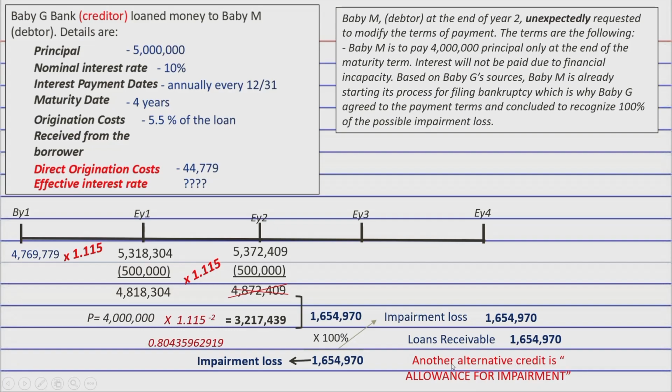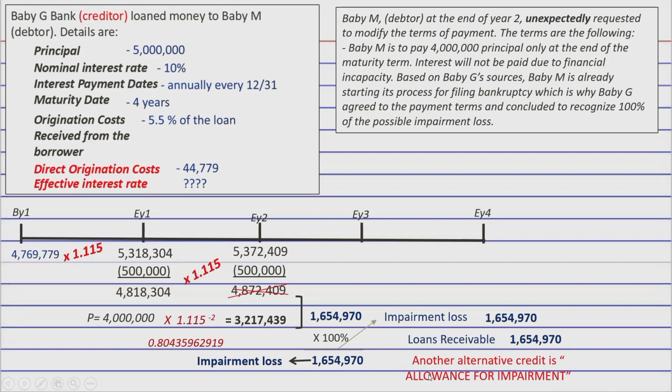Actually, it can be substituted with an account called allowance for impairment losses, which is another contra asset account of loans receivable aside from the unearned interest income that I introduced in the past episode. Now, again, you can use this loans receivable as credit or this account allowance for impairment losses. And actually, it's up to you because the substance will still be the same.